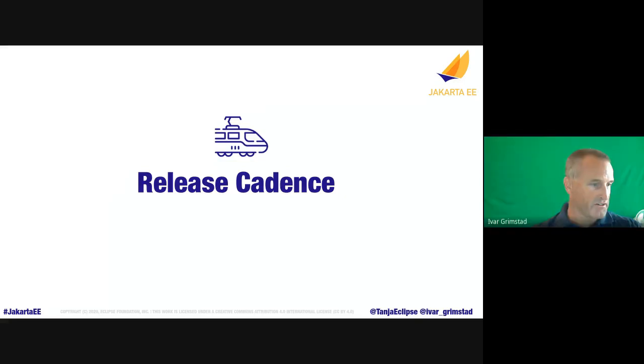Okay. Thanks. So if we look at what's coming after Jakarta EE 9, we are already starting to discuss this. One thing we're discussing is the release cadence, because as you know, Java EE 7 came out in 2013. That's 7 years ago, and to be honest, it hasn't happened very much since then.